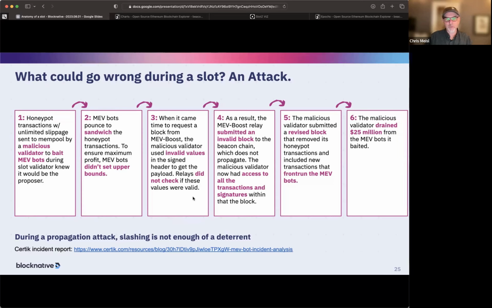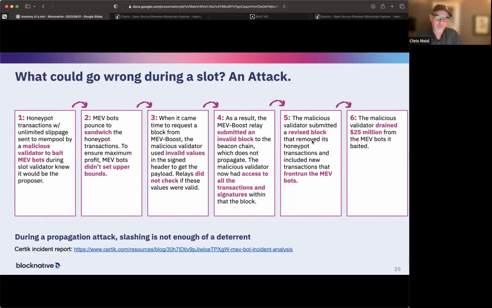So now you have a situation where this validator knows what's inside that block, and it's not propagating yet. They basically received that invalid block and rewrote it, took out their little honeypot transactions, and front ran these MEV bot sandwich attacks. And because these were also unbounded, because the bots were trying to get as much as they could from the zero slippage honeypot transactions, they were able to drain 25 million or so from those bots.